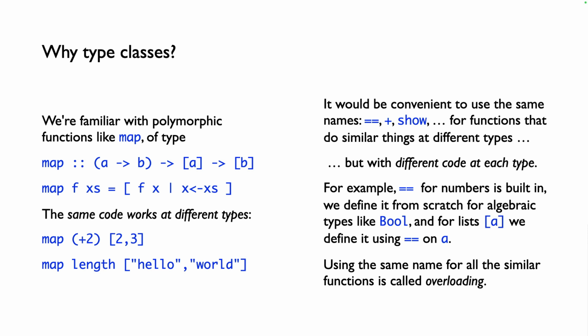For algebraic types like bool, we define it from scratch or we derive it. And for something like a list of type A, we define equality for that using an equality on the type A. And this process of using the same name for different but related similar functions is called overloading.